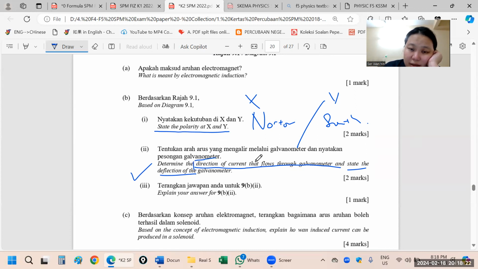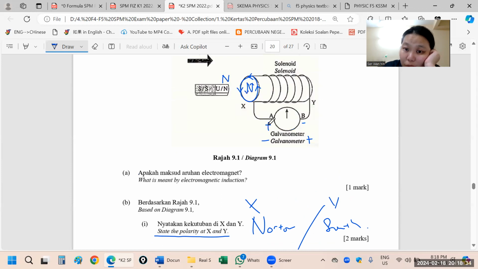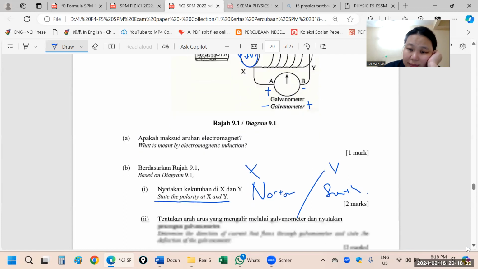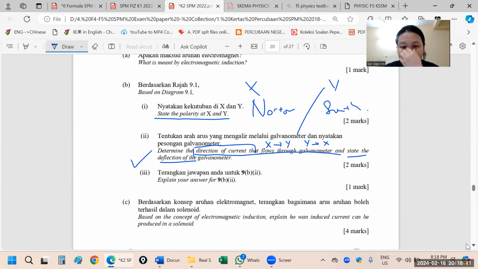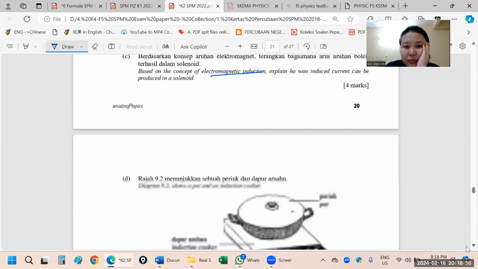The direction of current, you can say X to Y or Y to X. You can say left or right, because they don't show the positive or negative connection here. Explain your answer: because there is induced current flowing in the circuit. Based on EM induction, how can induced current be produced in the solenoid?